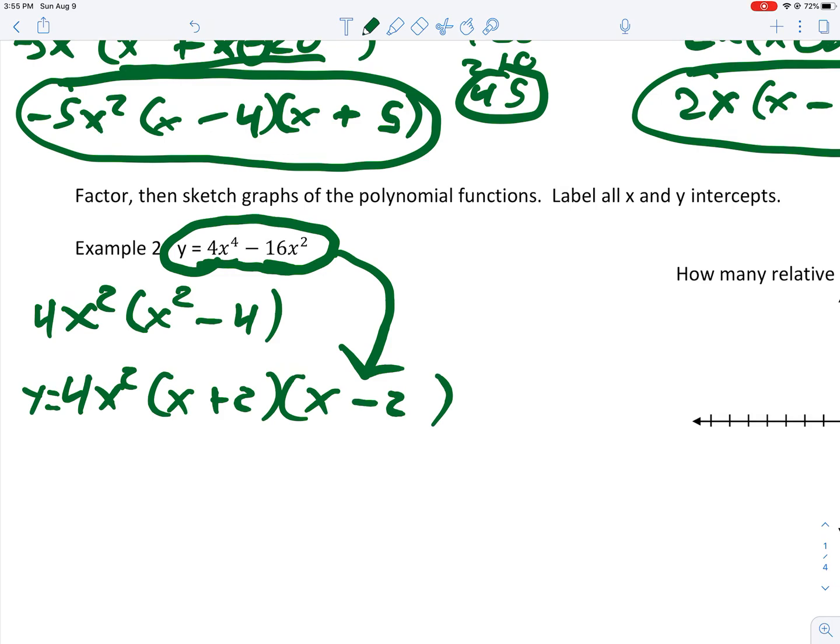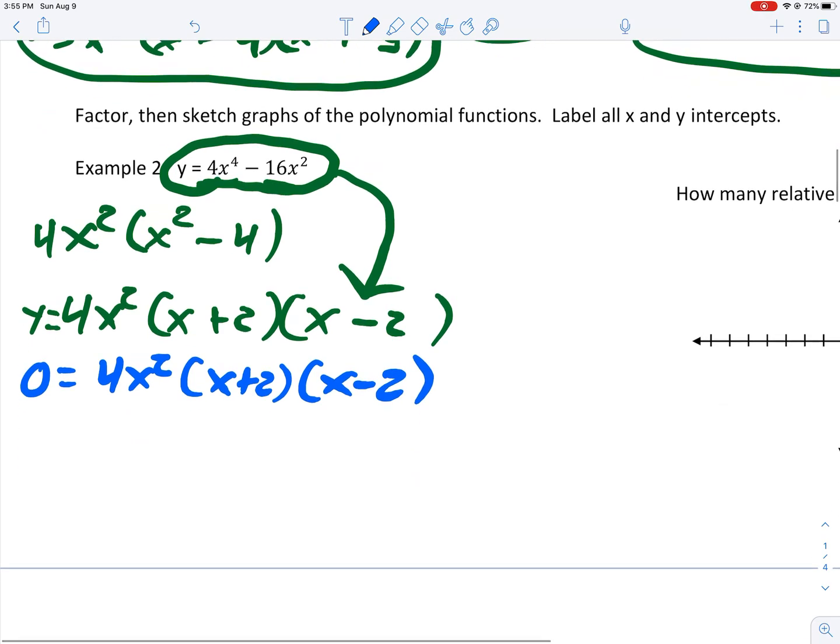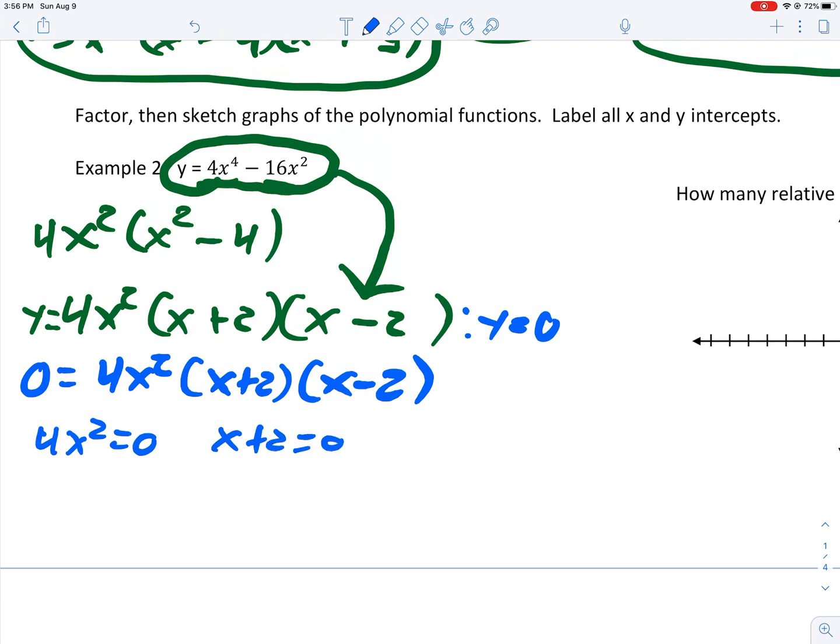So now to find the zeros, we set our equation equal to 0. Right, to find the x-intercepts, y has got to be 0. Right? So 4x squared equals 0, x plus 2 equals 0, x minus 2 equals 0.